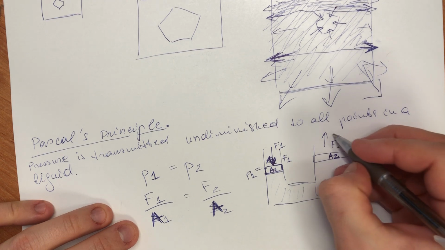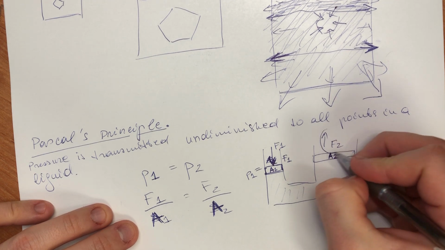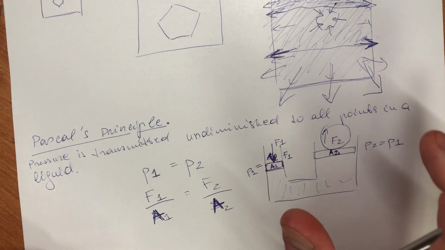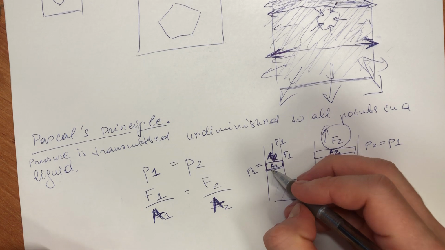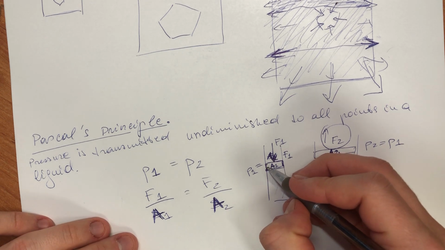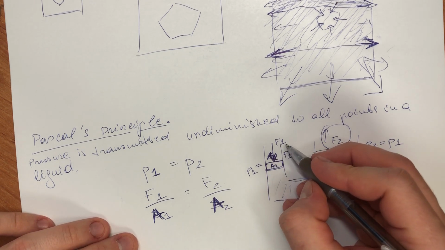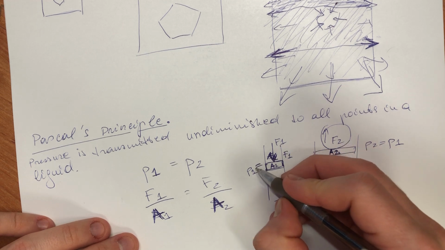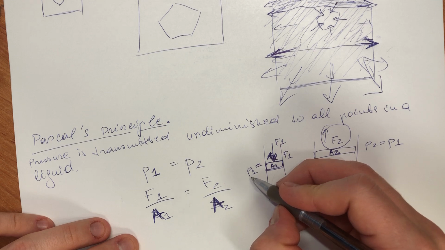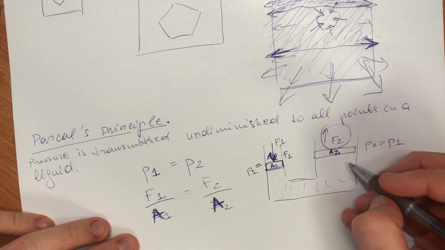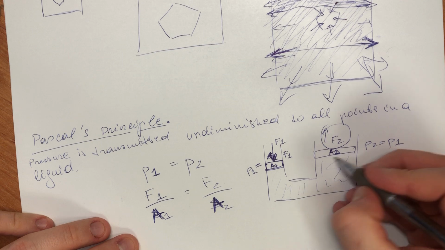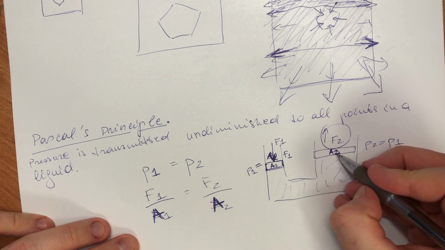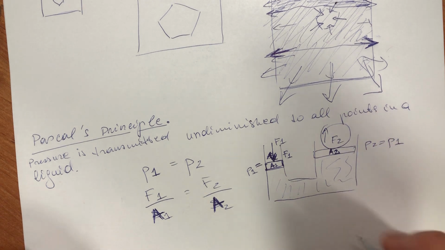And if we have a big object here, then it just gets pushed up. So this is how hydraulic systems work. Force is small, area is small, pressure is P1, but because P1 is equal to P2, where the area is big, therefore the force has to be big.